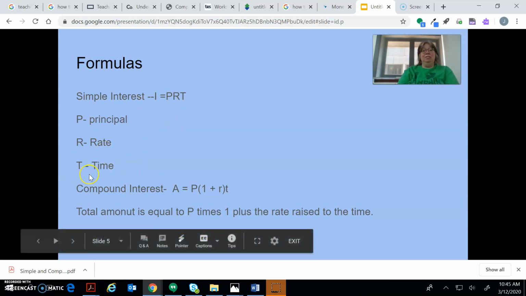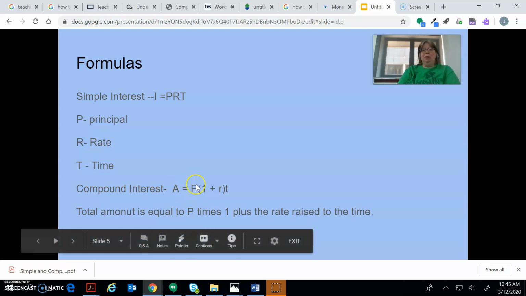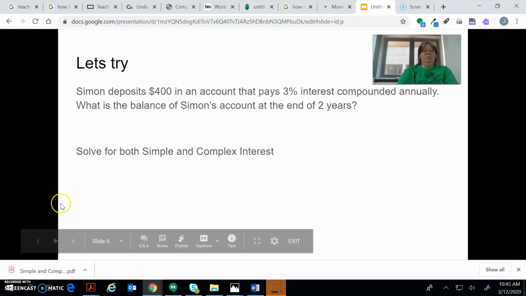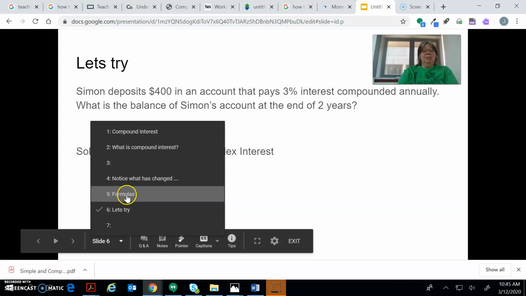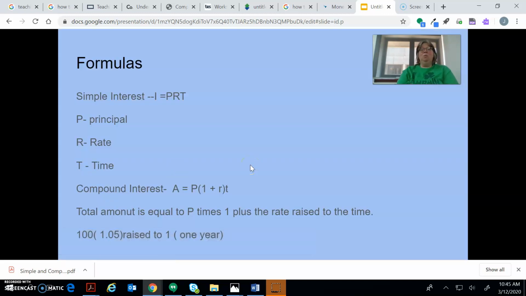That's for simple interest. When we get to compound interest, A is the amount. So your total amount is going to be equal to the principal times 1 plus the rate, raised to the time. So that means an exponent. The T is an exponent. Don't worry about it yet, because right now it's going to be simple and the exponent's always going to be 1. We will get more complicated later on.